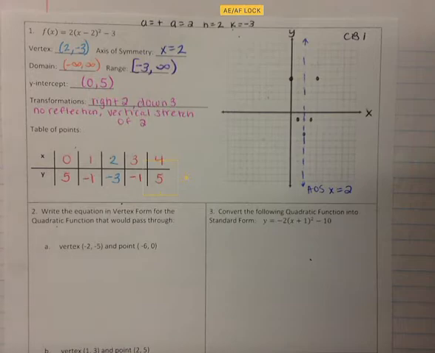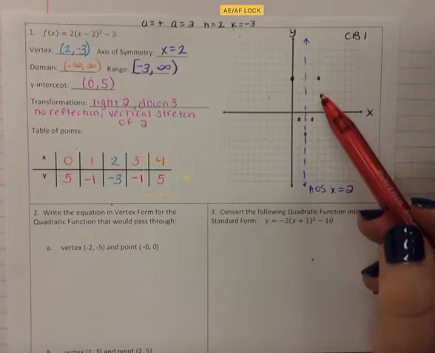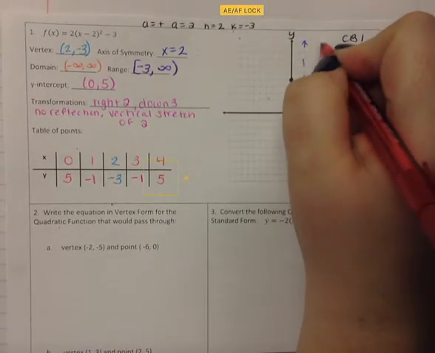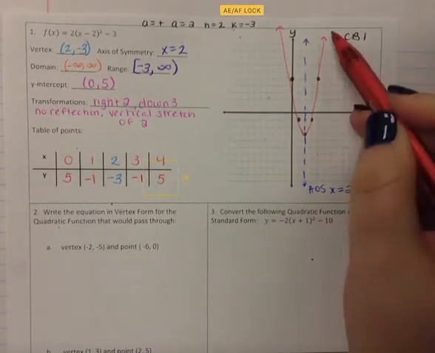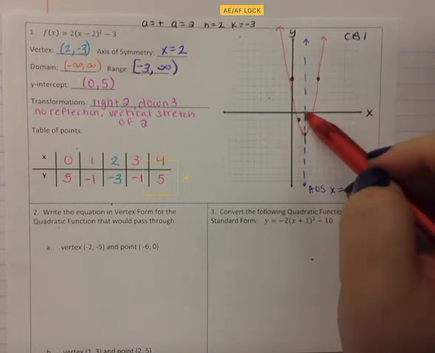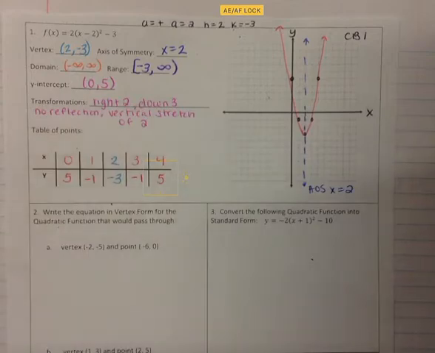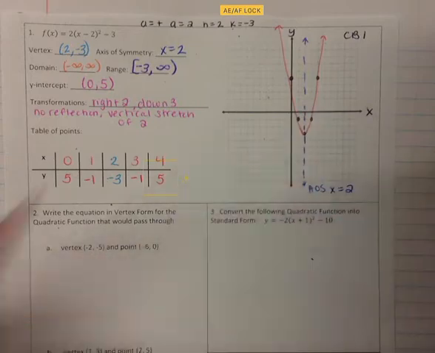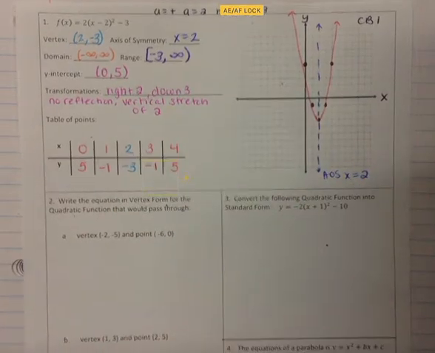That means these are correct. I have 5 coordinates, and now I can draw my parabola. I can connect them. This is opening up. I went right 2 and then down 3 to get to my vertex. There is no reflection, and it is more narrow than a normal parabola. This is how you get the extra coordinates to be able to graph.